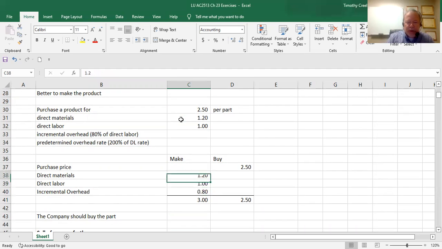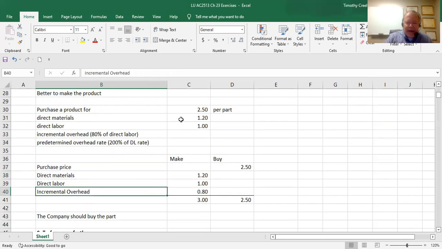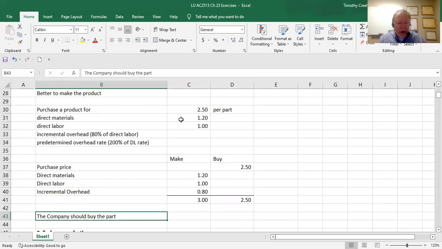We don't use the predetermined rate because this is more of your total overhead. And we know that if we decide to buy, there's typically going to be some overhead costs that stay. So that's why there's a difference between the predetermined and the incremental, and we always want to go with the incremental. So in this case, basically, the cost to make is $3, the cost to buy is $250, so the company should buy the part.